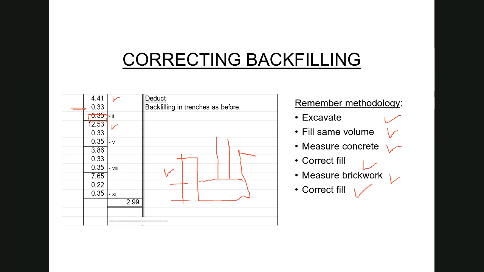So where we want to deduct in this little example of ours then is from this line downwards. We cannot use the height of the wall from that point. It is wrong to use it. So we use the height from the natural ground level down, which is the 350 that we have over here.